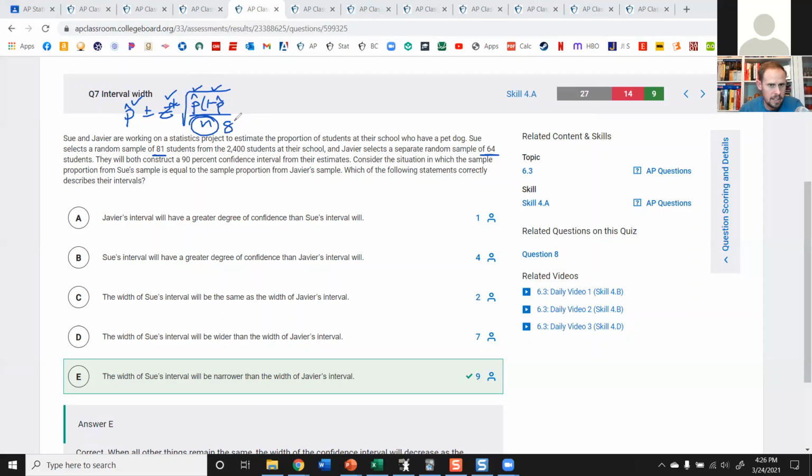She's going to have 81 down here, and he's going to have 64 down there. So that means she's dividing by a bigger number on the bottom. That means this margin of error is smaller for her. So that means her interval will be smaller.